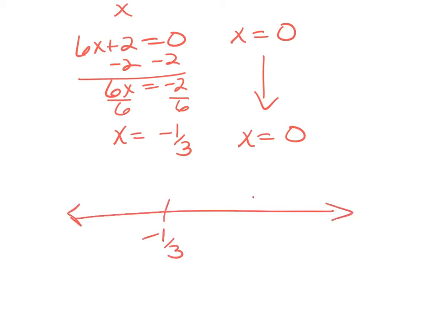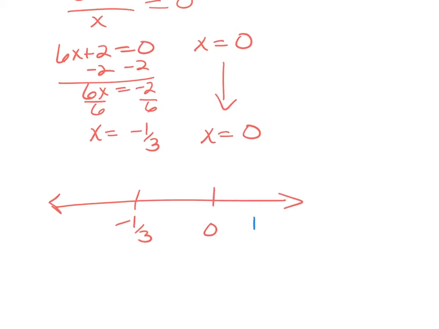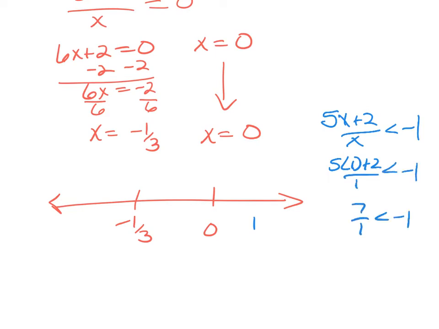Negative 1/3 and 0. Again, I need to find a test point. I can't use 0, so let me plug in 1. 1's located over here. So my original problem was 5x plus 2 over x less than negative 1. 5 times 1 plus 2 over 1. 7 over 1.